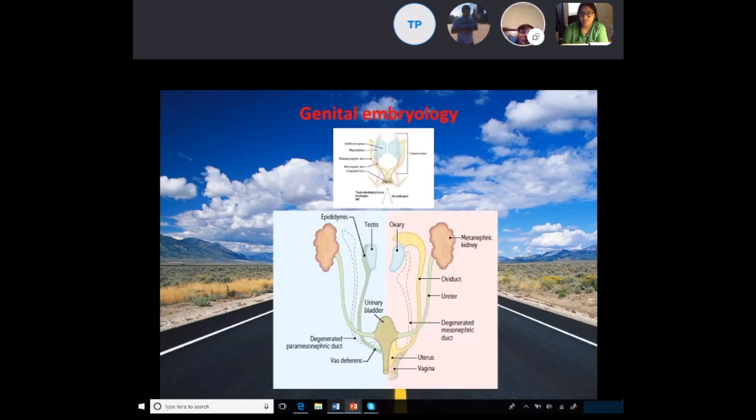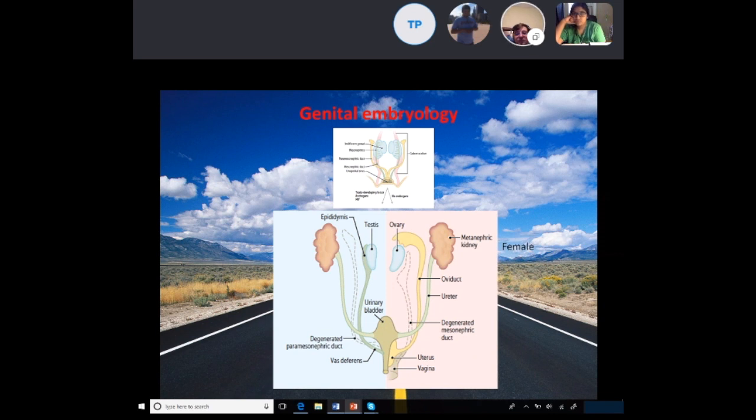If we end up with a testis, then we will see the degeneration of the paramesonephric ducts, and the mesonephric ducts, which is seen here, are going to predominate, and vice versa. If we end up in the default, no androgens, then we will see degeneration of the mesonephric ducts, and the paramesonephric ducts will predominate. And we will go over all those in a moment.